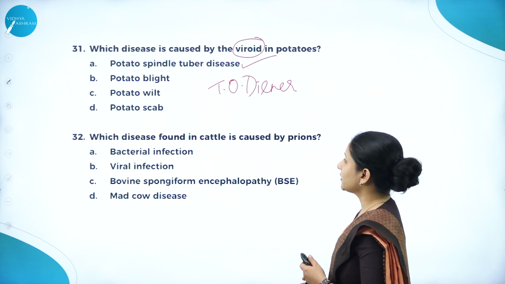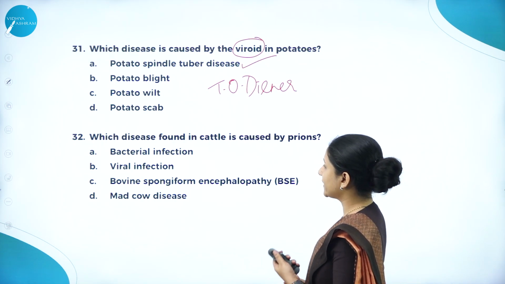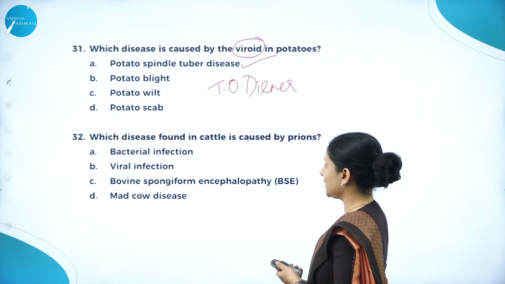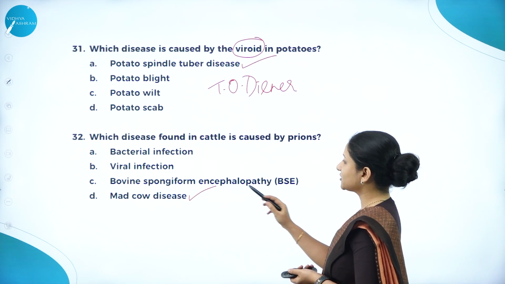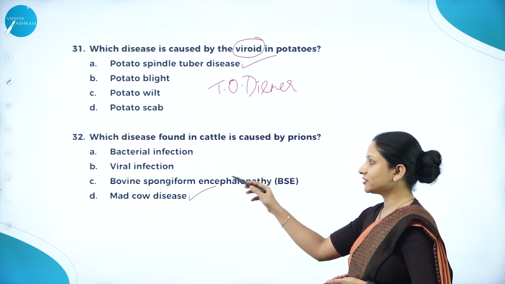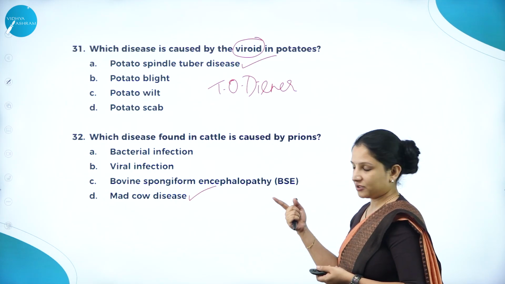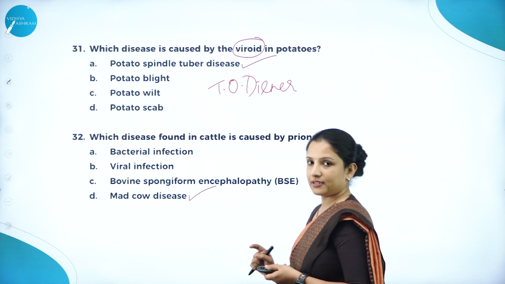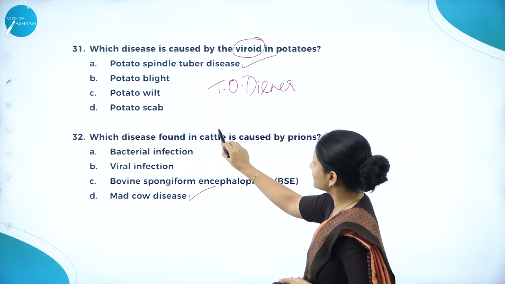Which disease found in cattle is caused by prions? Is it bacterial infection, viral infection, bovine spongiform encephalopathy, or mad cow disease? It is mad cow disease. It's not bovine spongiform encephalopathy, because this is the disease that can be seen in human beings, not in animals. So in animals it is mad cow disease. We have to choose mad cow disease because it is asked in cattle.